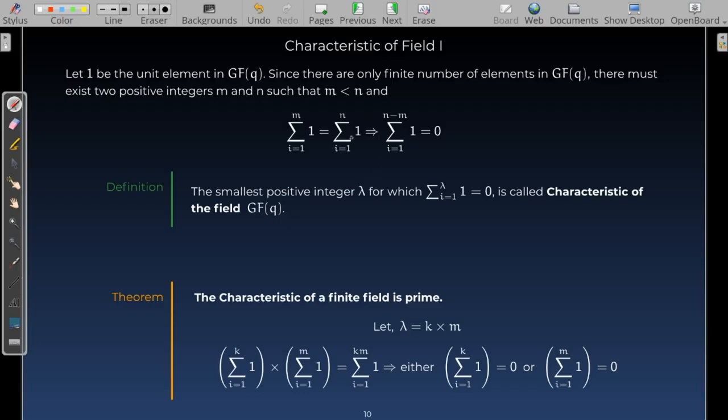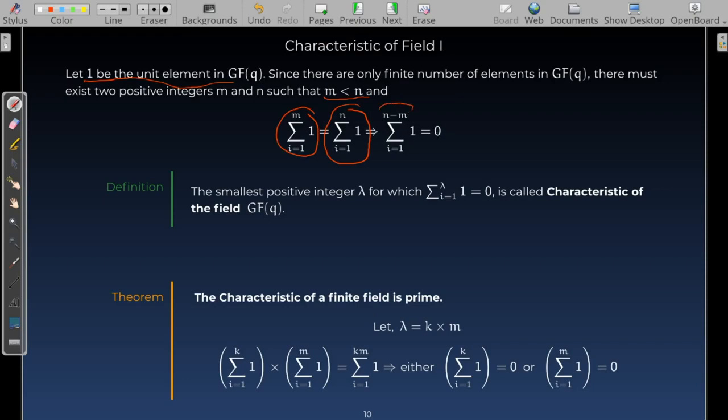So if you have 1 as the unit element in the GF(q), then the summation of i = 1 to m of 1 must be equal to the summation of i = 1 to n of 1 for some m and n, where m is less than n. This means that the summation of i = 1 to n minus m of 1 is actually equal to 0.